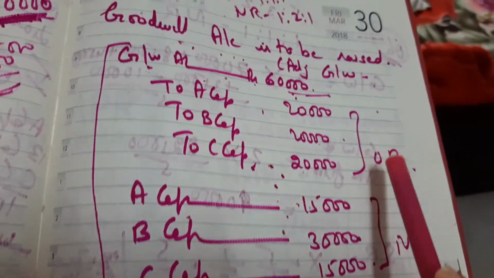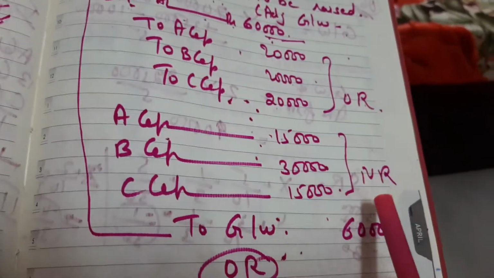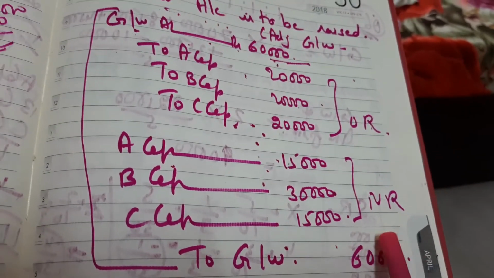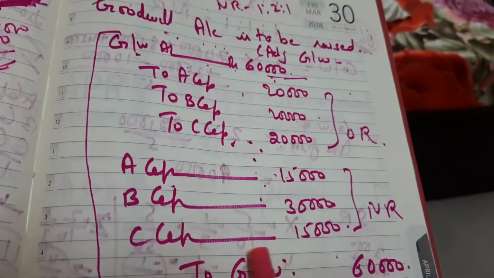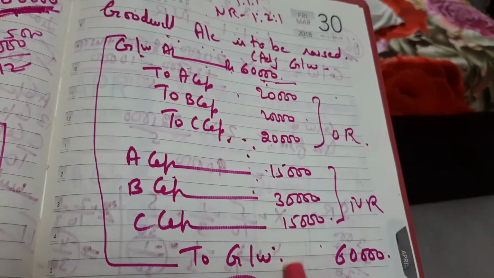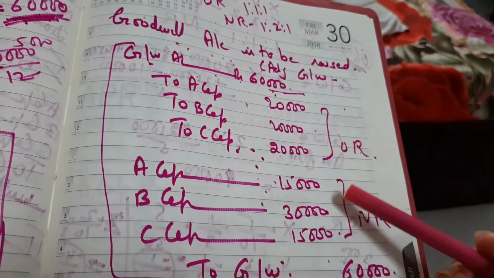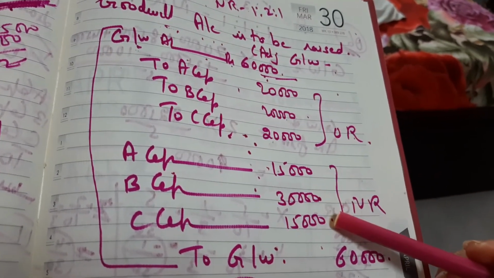Now this raising was done in the old ratio, the written off part will be done in the new ratio. A's capital account debit, B's capital account debit, C's capital account debit to goodwill. New ratio is 1:2:1, so it will be 15,000, 30,000 and 15,000.